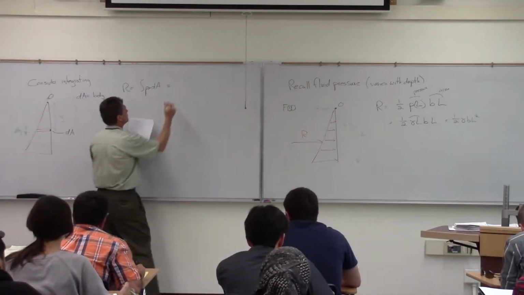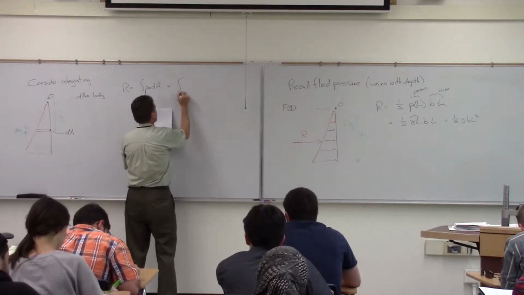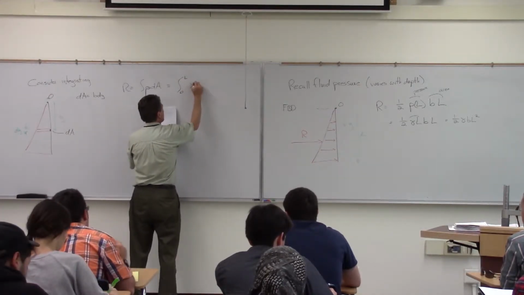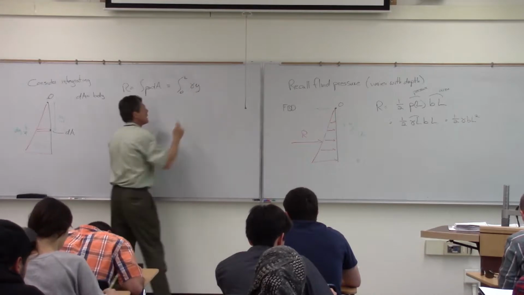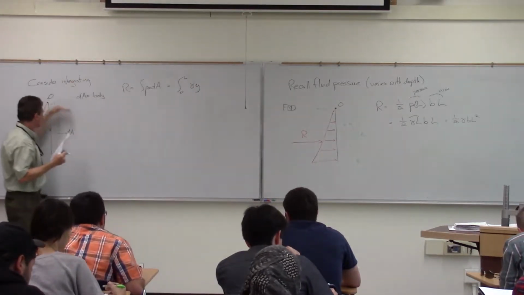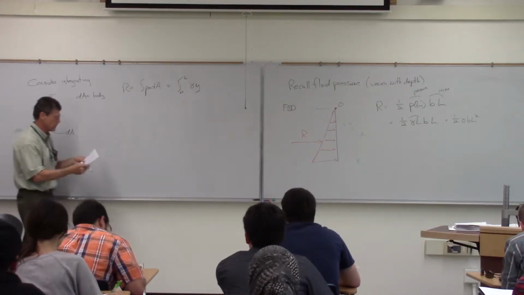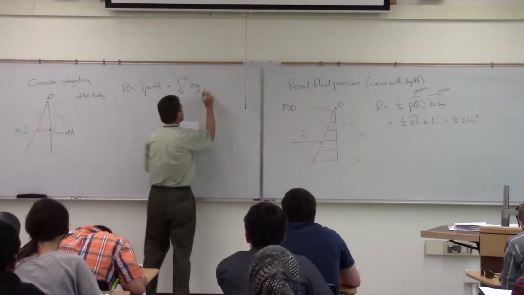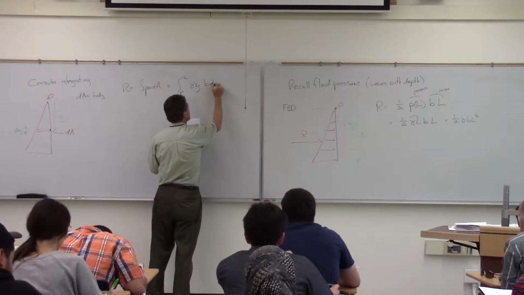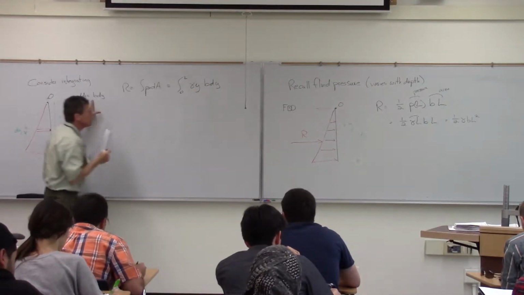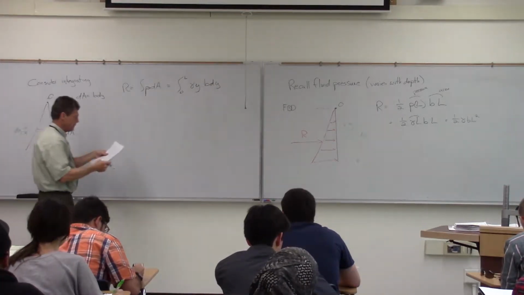Well, the pressure now is gamma y, because depending on where my integrand is, my y basically is going to be moving down there. And then noting my area is going to be simply b dy.